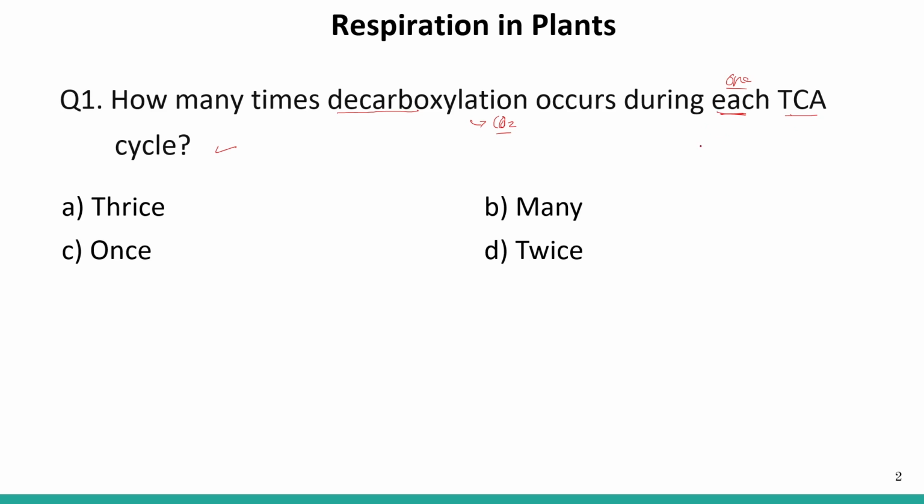So what happens when isocitrate is converted into alpha ketoglutarate? Okay, then what is happening here?